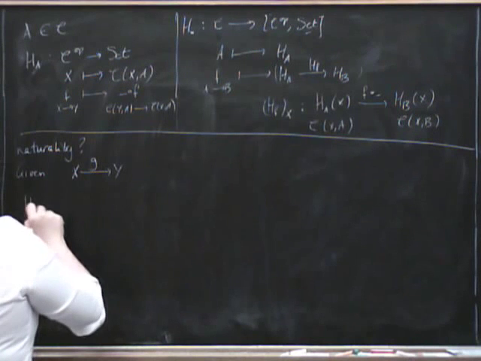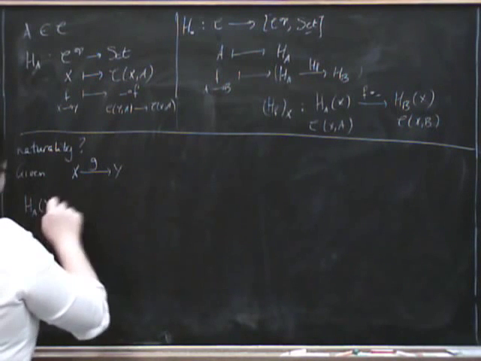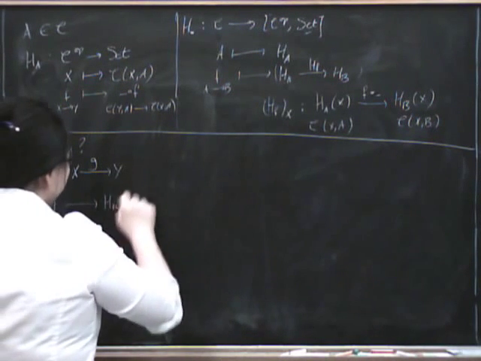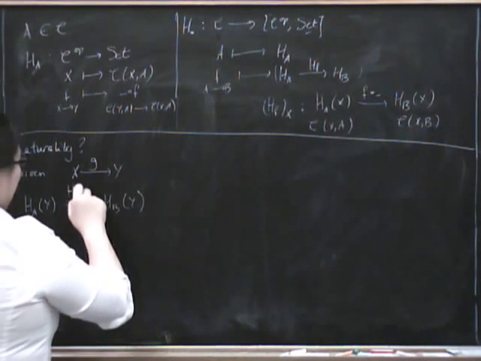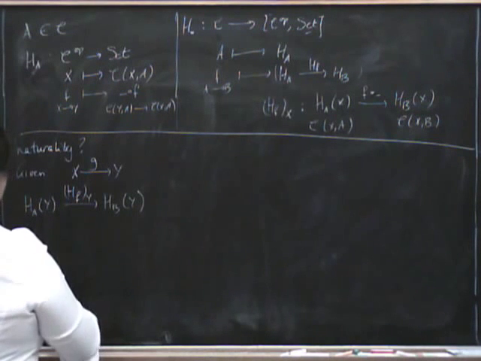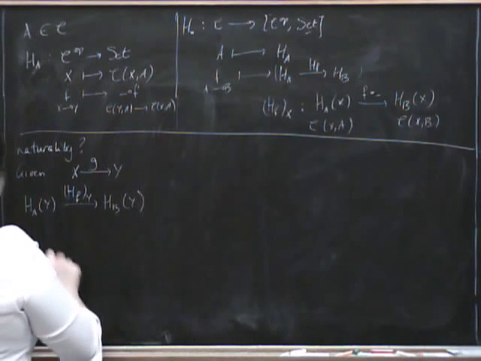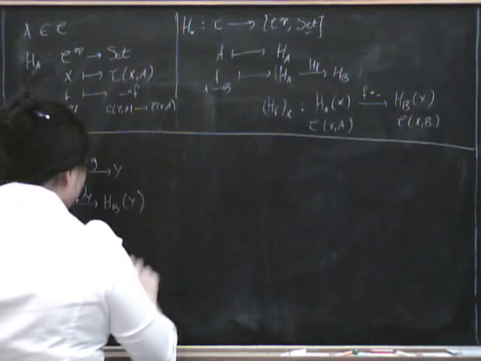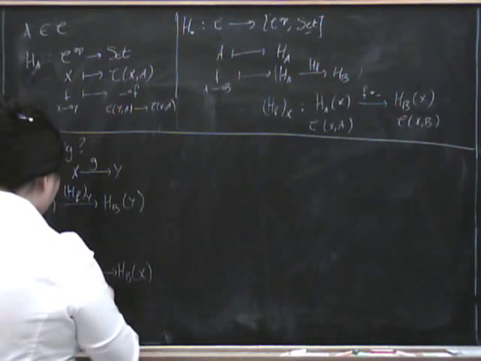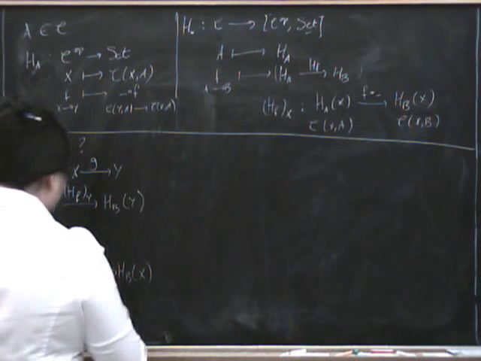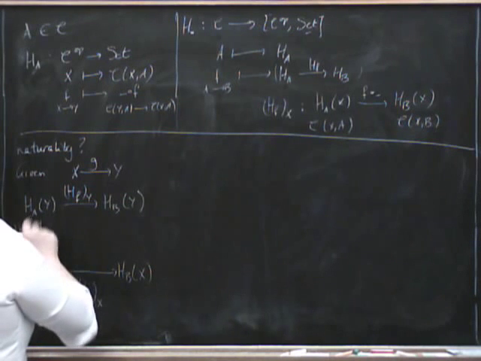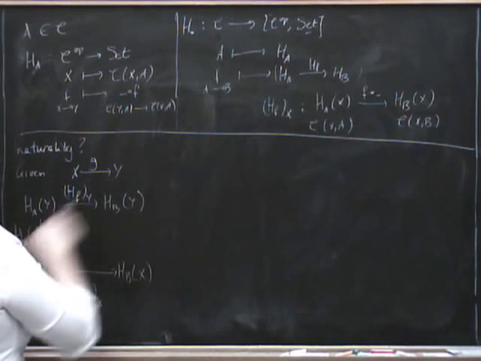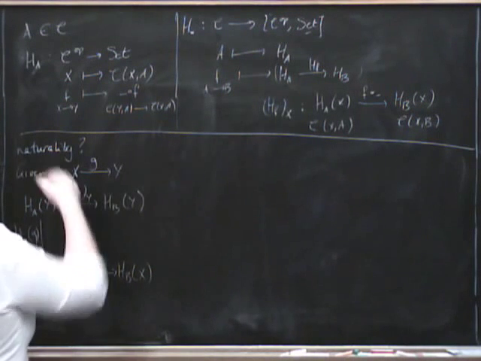So we're going to have HA of Y going to HB of Y at the top via the component H F at Y. Then down here we've got to have HA of X going to HB of X via the component H of F at X. Now coming down here, we've got H sub A, the functor applied to G. G goes from X to Y, so when we apply this contravariant functor to it, it goes in the opposite direction.